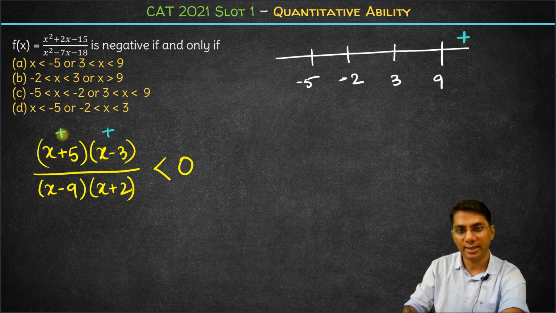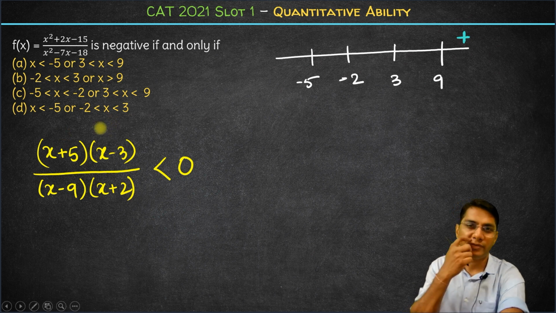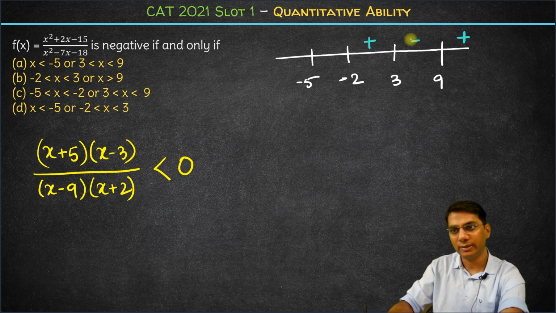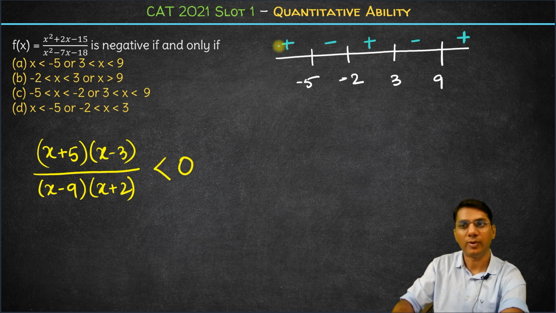Now let's consider the other range. If you have already done the inequalities chapter properly, you know if the expression is positive in one range, in the next range it will be negative, and this will go on alternately: positive, negative, positive, negative, and positive.